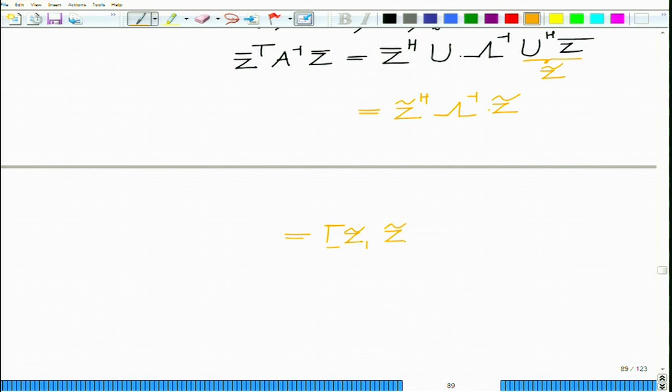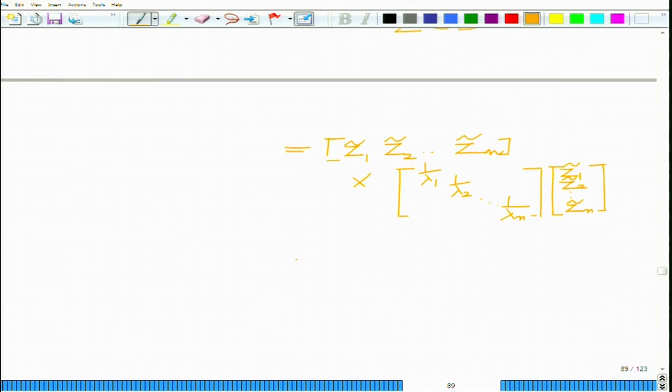Z tilde 1, Z tilde 2, so on up to Z tilde n, times the diagonal matrix 1 over lambda 1, 1 over lambda 2, so on 1 over lambda n, times Z tilde 1, Z tilde 2 up to Z tilde n. And if you look at this, this will be Z tilde i conjugate, since this is the Hermitian of the vector.